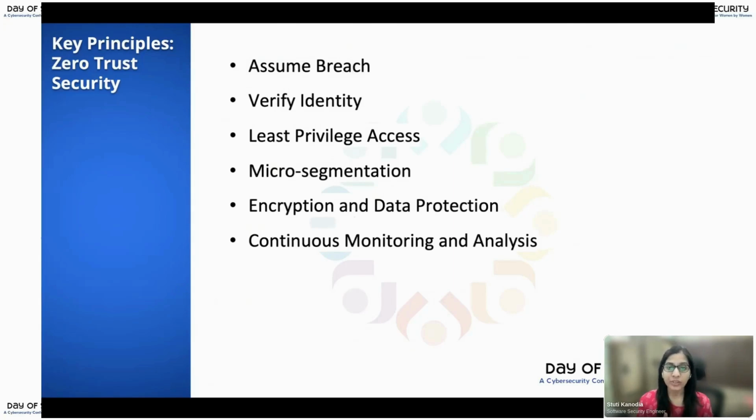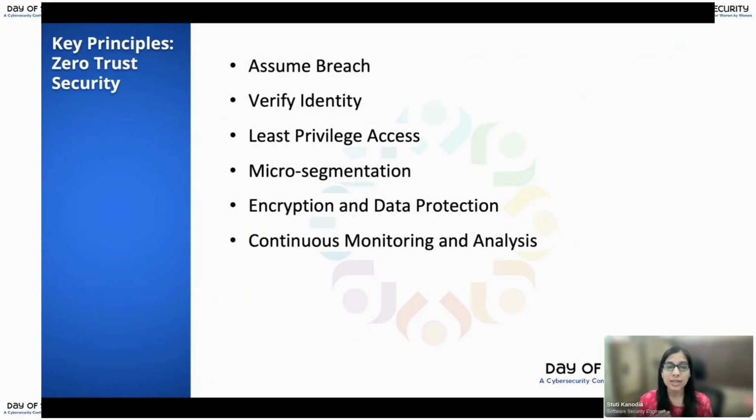So continuous monitoring and analysis makes sure in zero trust that whatever malicious activity is happening can be tracked, analyzed, and remediated at a very initial stage.